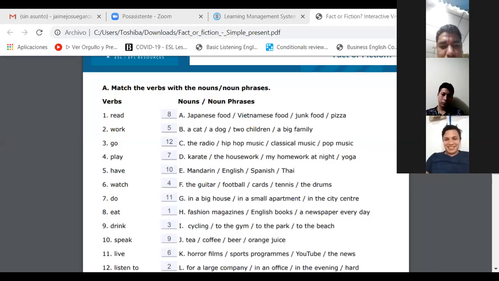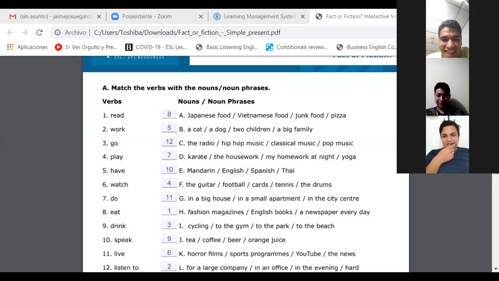Number 2. I play the drums. So the false one is number 1. I don't speak Mandarin.